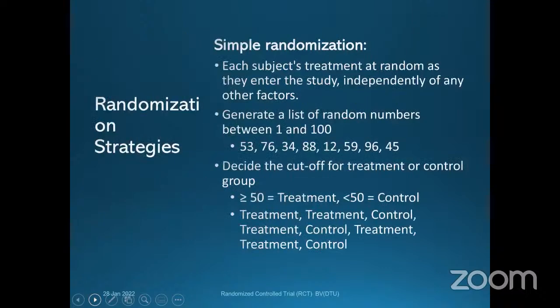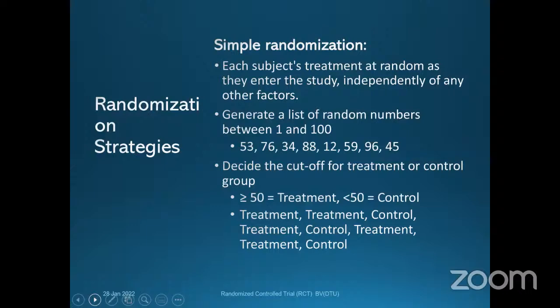Simple randomization: each subject's treatment is assigned at random as they enter the study, independently of any other factors. Generate a list of random numbers between 1 and 100: 53, 76, 34, 88, 12, 59, 96. Decide the cutoff for treatment or control group. More than 50 will go into the treatment group, less than 50 will go into the control group.